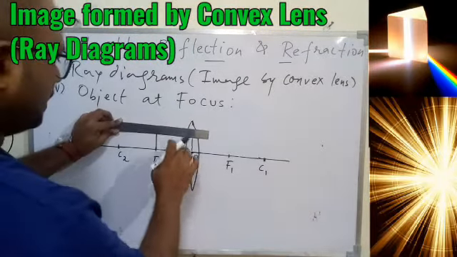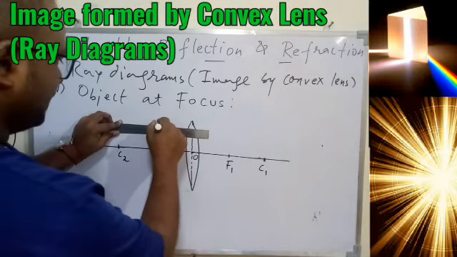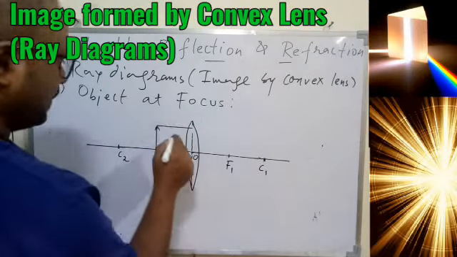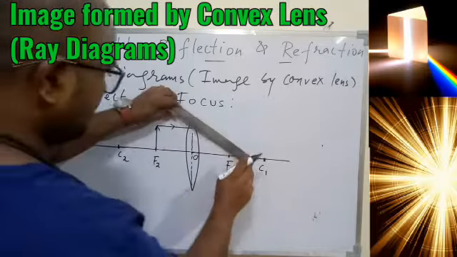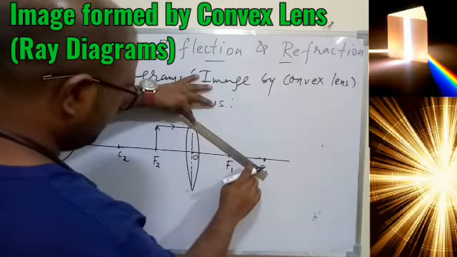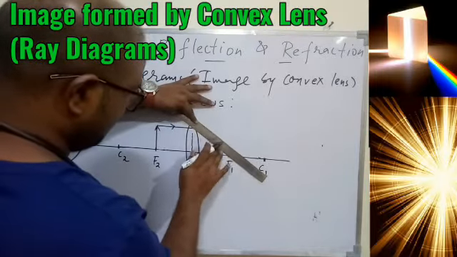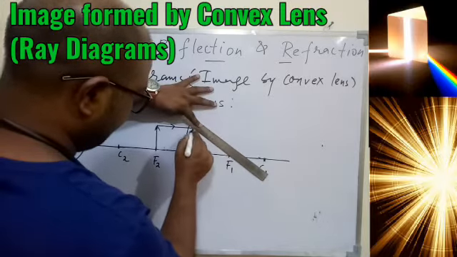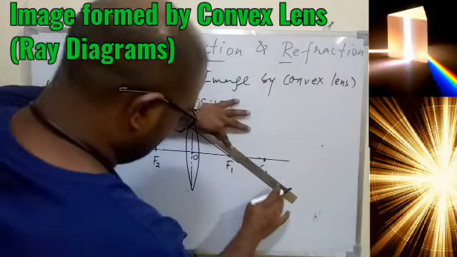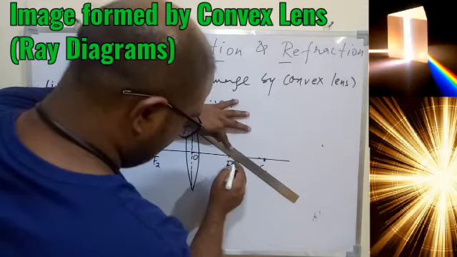So we'll do the same thing again and again. A ray of light parallel to the principal axis will pass through focus, other side, okay.